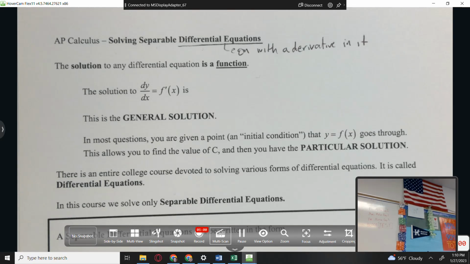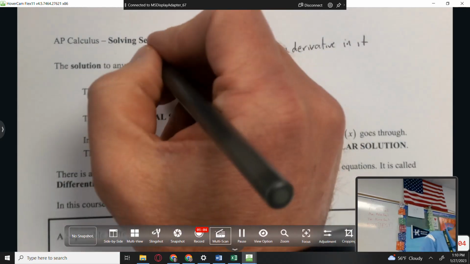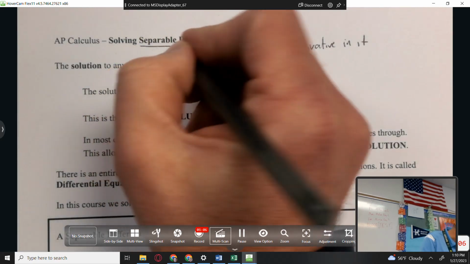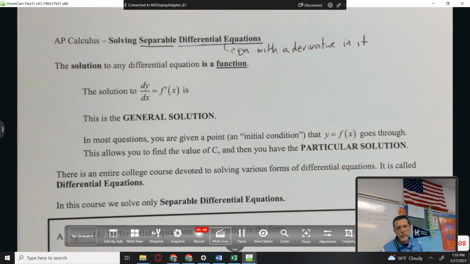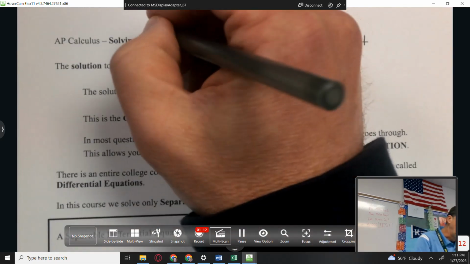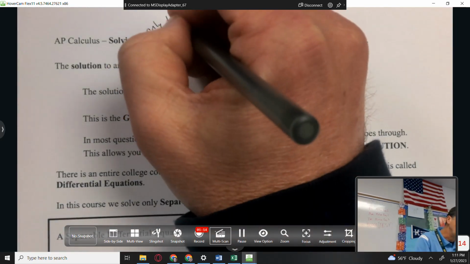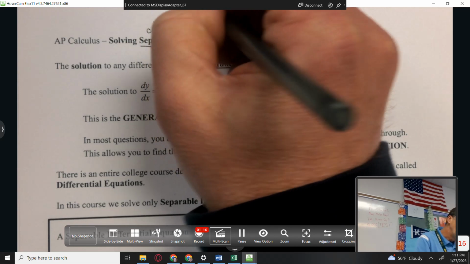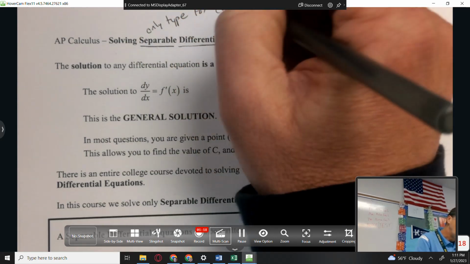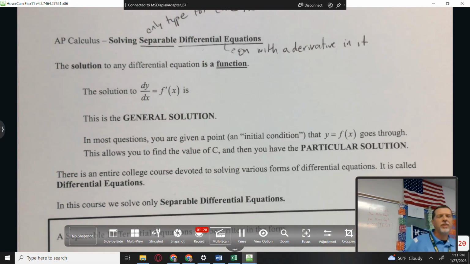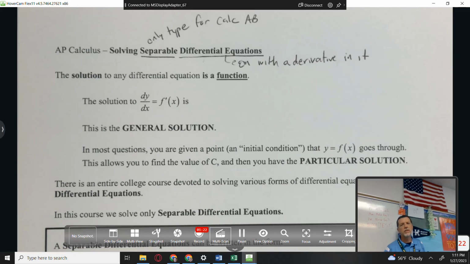That's the differential part. Separable is the only type that we'll solve, and it's hard to define separable until we get a little bit into this. But it's the only type that we'll deal with. I think it's also the only type for Calc BC as well.